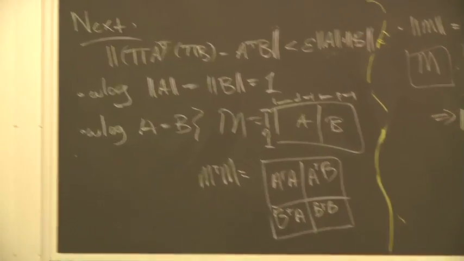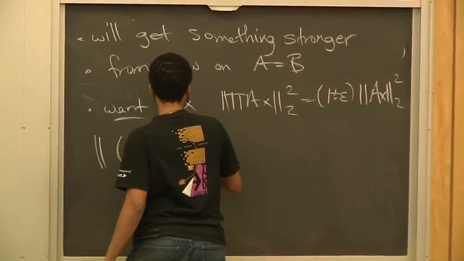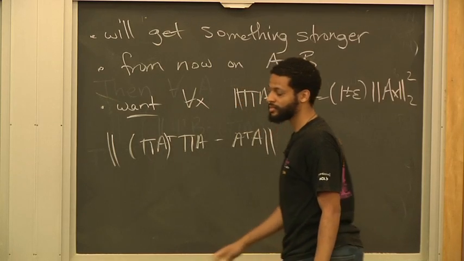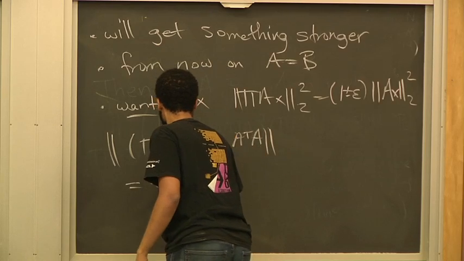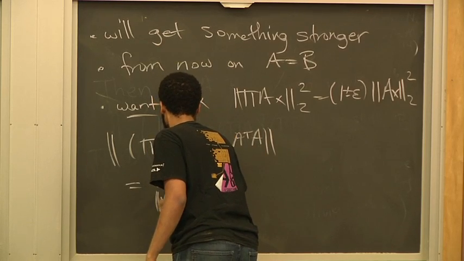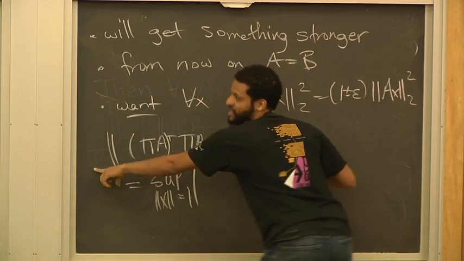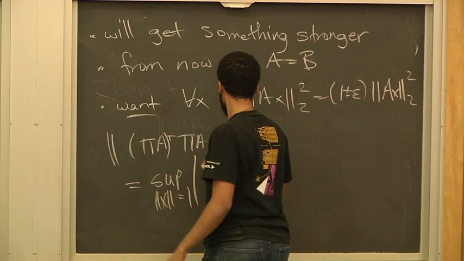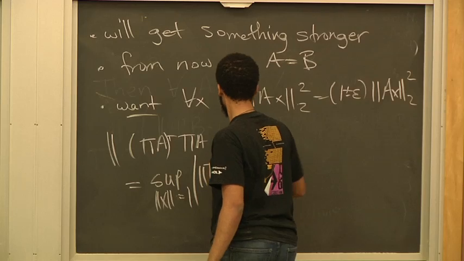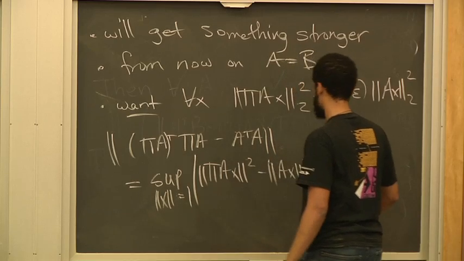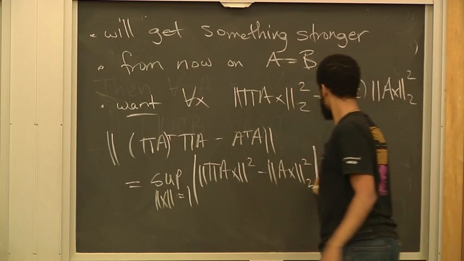Because if you look at this matrix, pi A transpose pi A minus A transpose A, and look at the operator norm, this is equal to the sup over x of unit norm of x transpose this matrix x, which is pi Ax squared minus Ax squared, right?